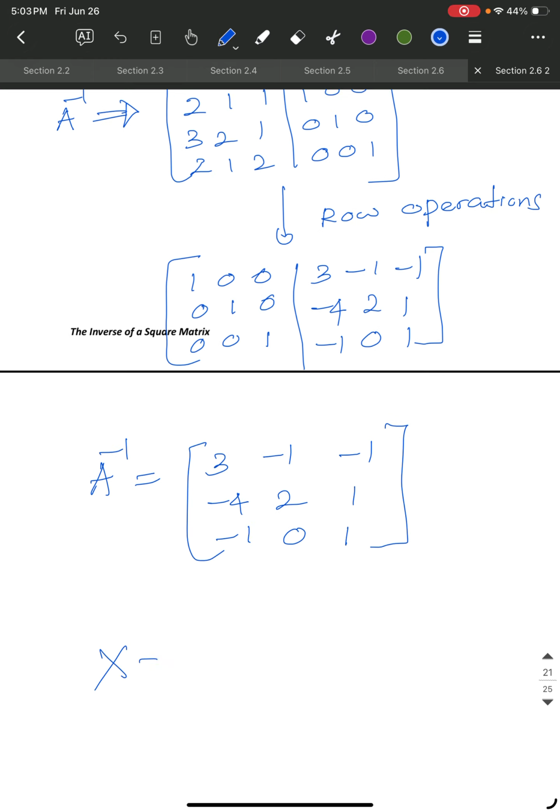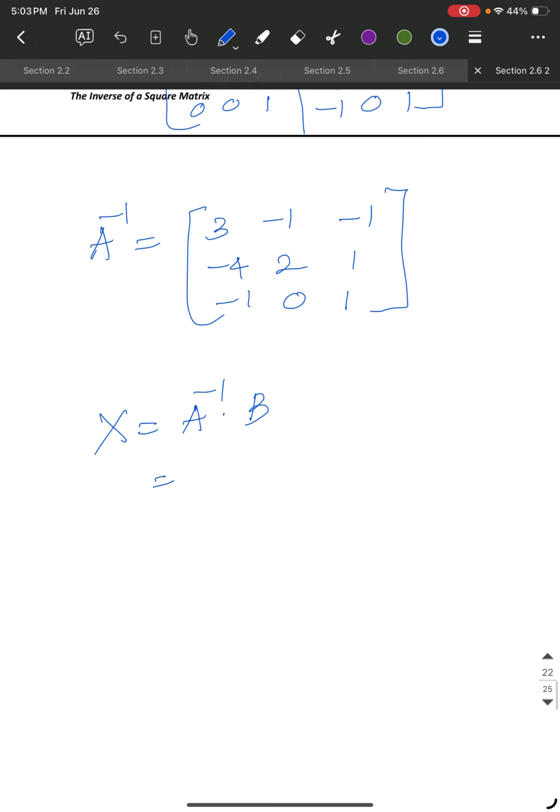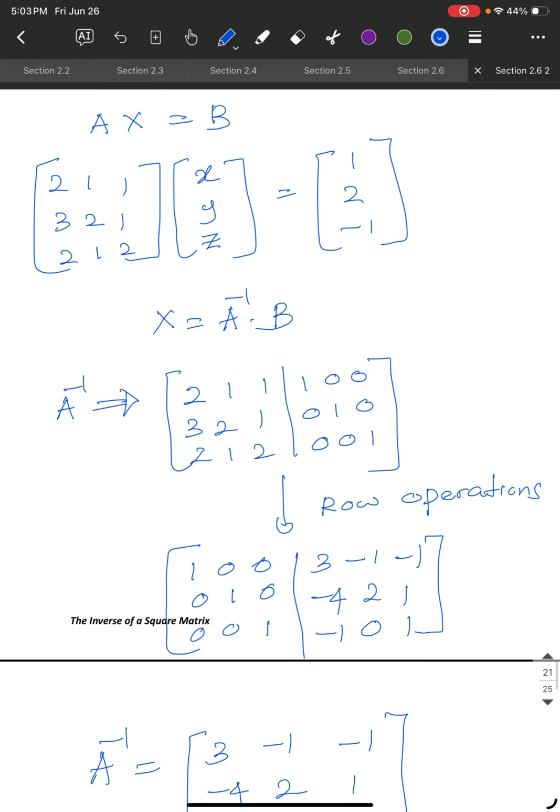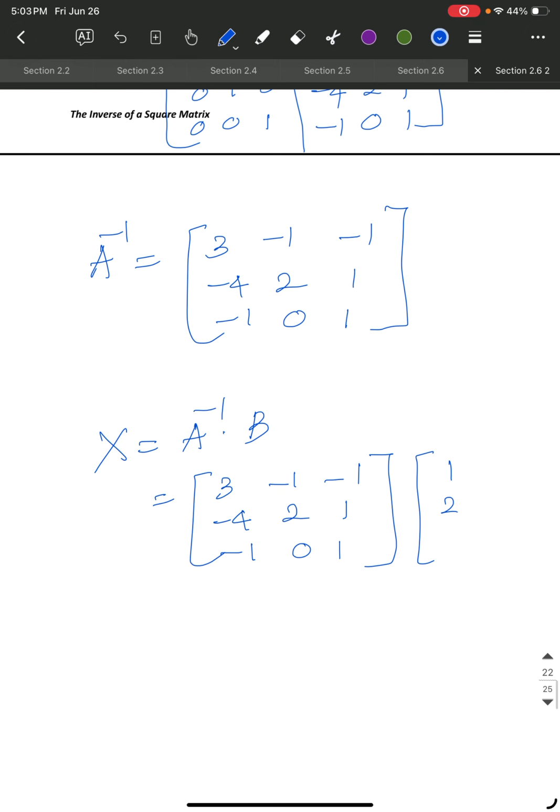So, the solution X equals A inverse times B. Now, we have two matrices, 3, negative 1, negative 1, negative 4, 2, 1, negative 1, 0, 1 times the matrix B, 1, 2, negative 1.